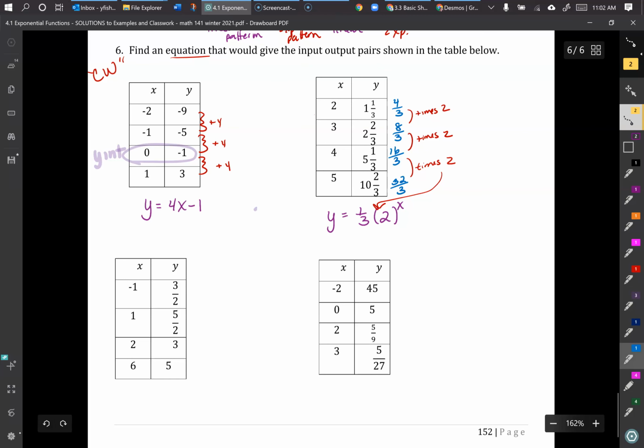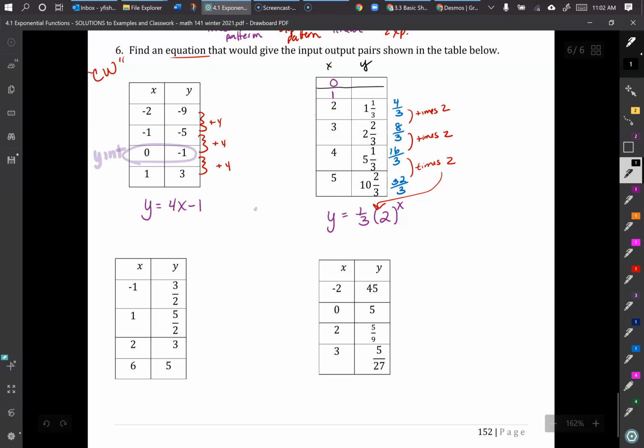Well, a couple of different things I could do. I could backtrack it, right? I could just reverse and figure out what it is if I put 1 in here. If I change my table a little bit and put a 1 and then a 0, I could figure it out that way.